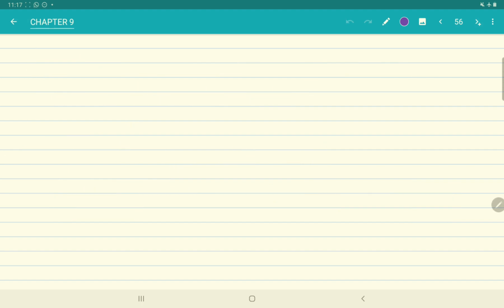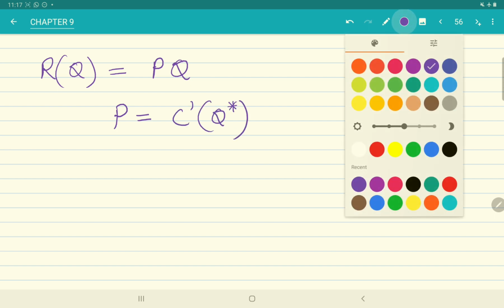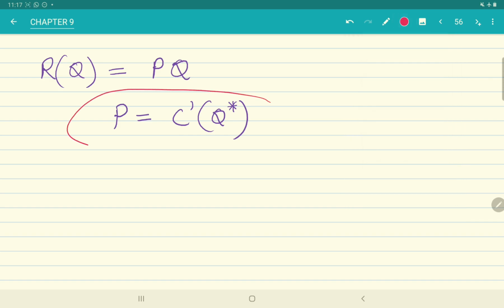Now in this case, R of Q would be equal to P multiplied by Q. And that means R prime Q star would just be equal to P. So my condition would be this: P is equal to C prime Q star.